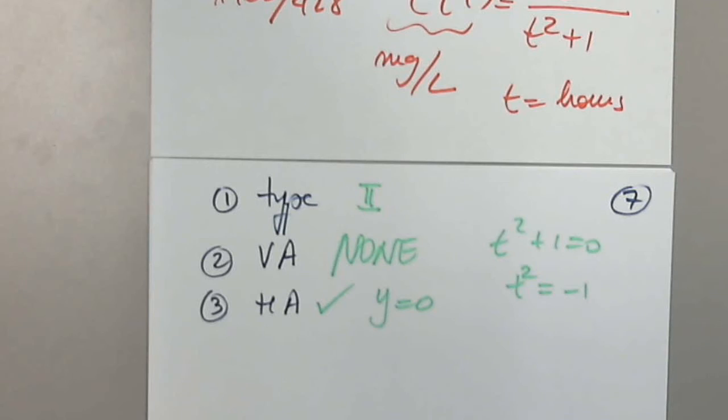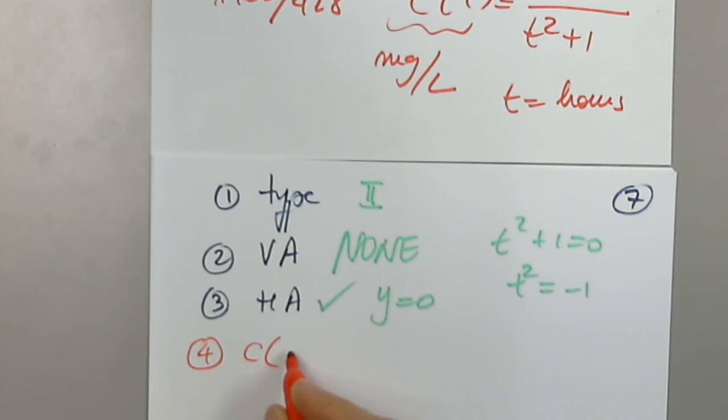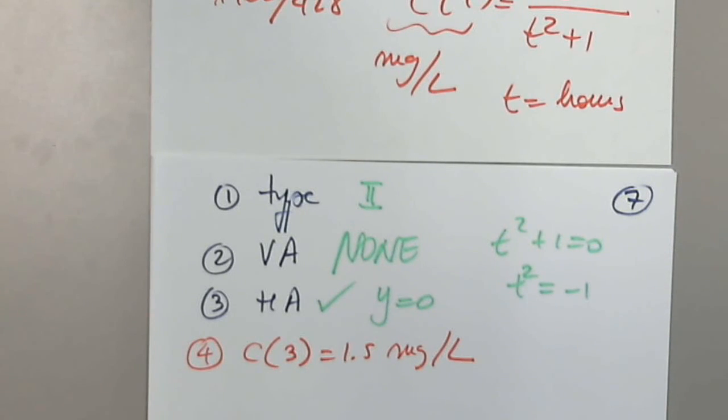Very good. So I'm going to write, question number 4, C of 3 equals 1.5 milligrams per liter. Good. Next question.